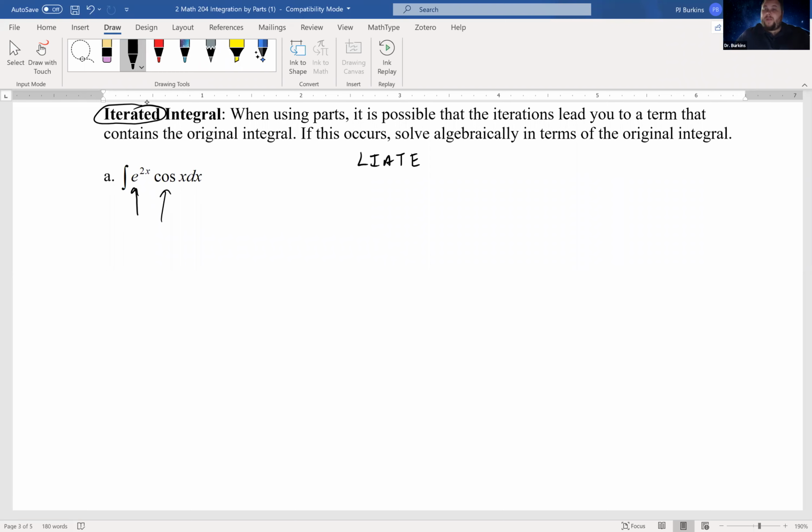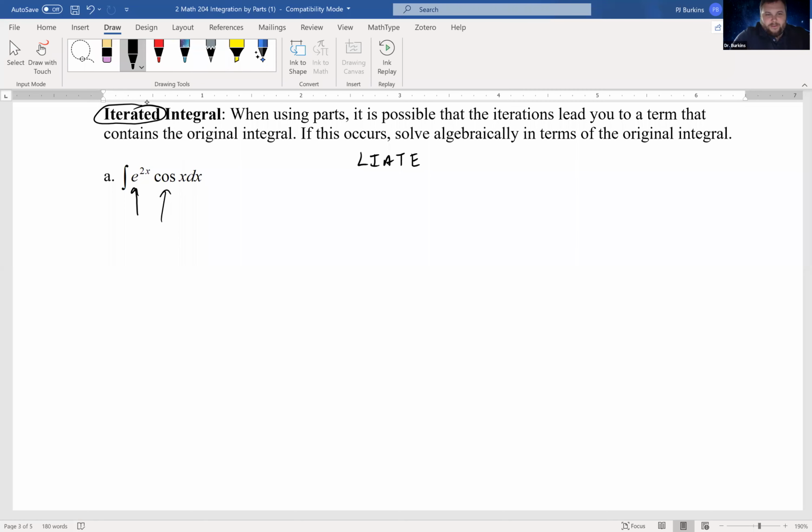I would just get another 1/2 in front each time. So I get the original function back with a new coefficient. Same thing with the cosine. It's going to be cosine, then minus sine, minus cosine, sine, back to cosine again. So these things just keep going back and forth, and in this case, it doesn't technically matter.